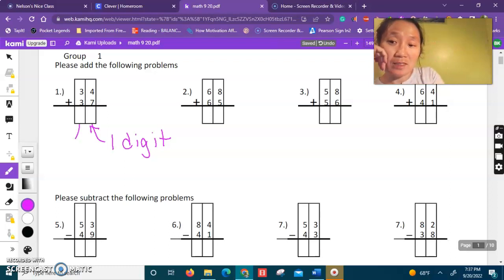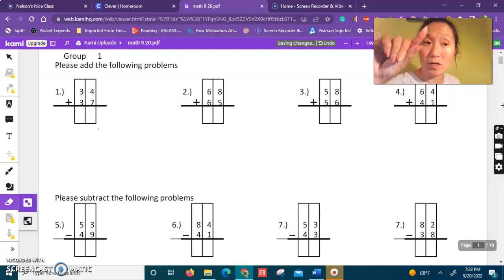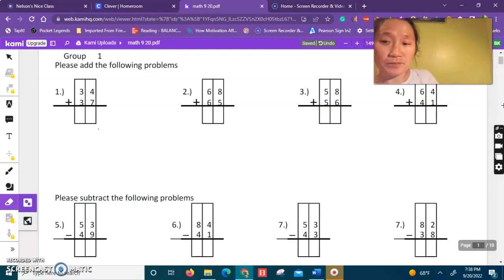Each of those boxes, and I wrote them that way specifically, can only hold 1 digit. You can't put the 3 in there because that would be wrong. You can't do that, okay? All right, so now that you know that each box only holds 1 digit, you need to line everything up.